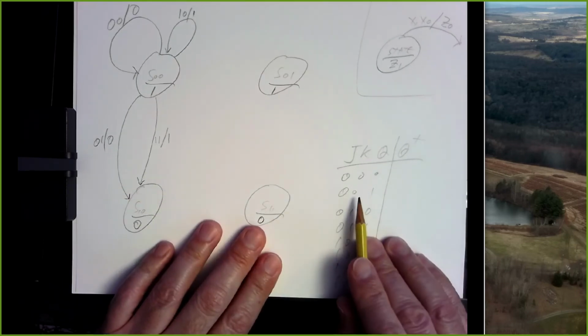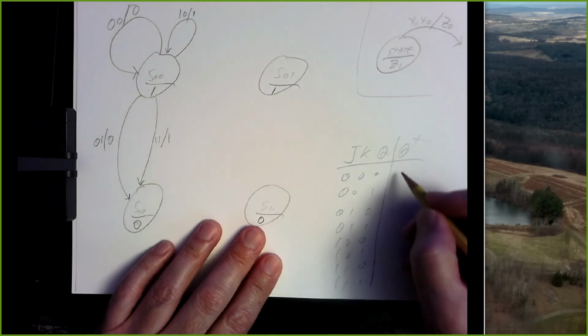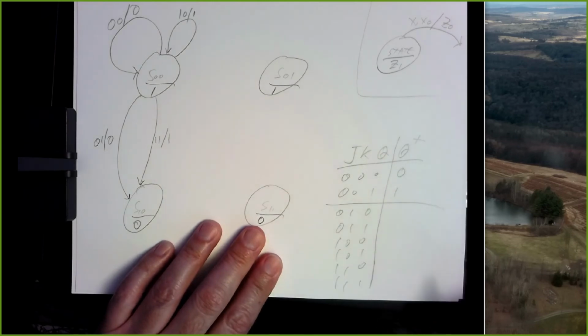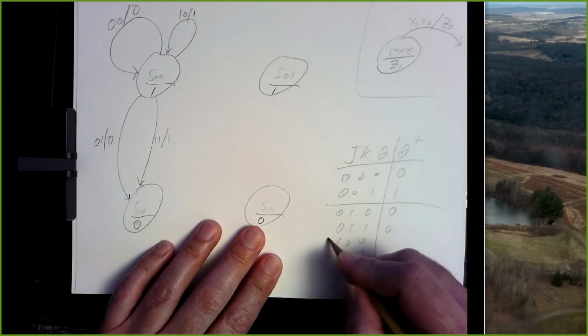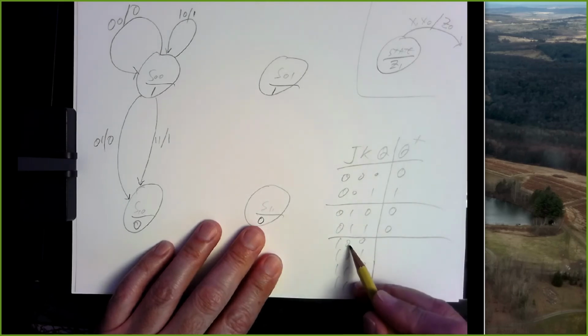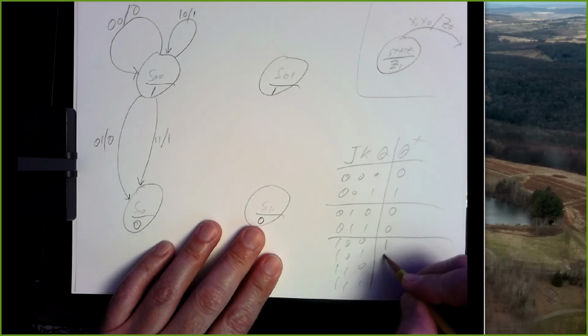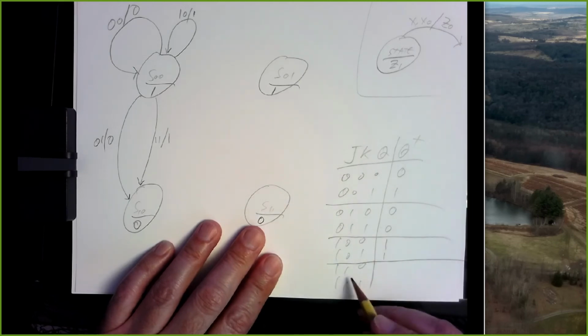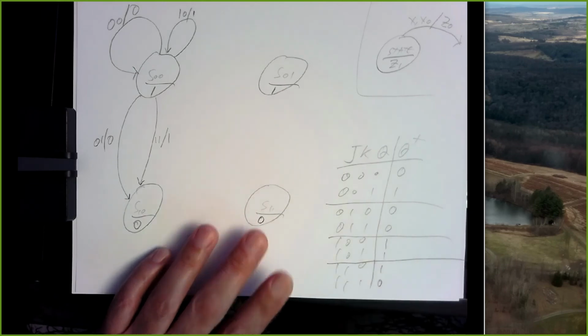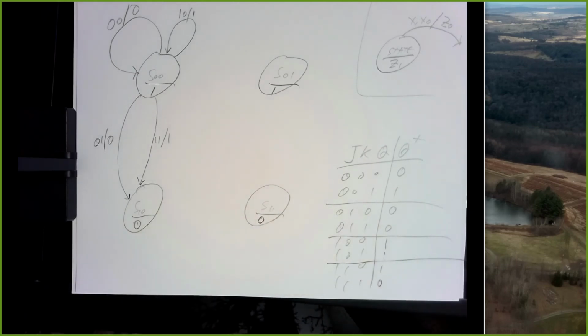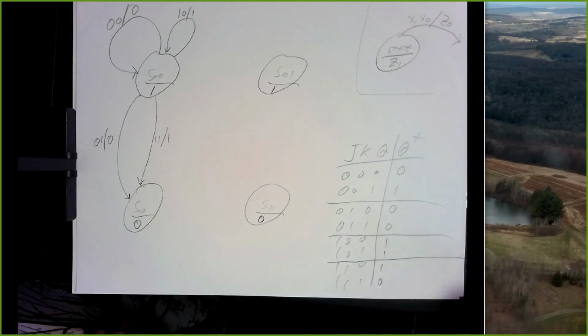Well, if J and K are 0, the output does not change. If J is 0 and K is 1, the output always changes to a 0. If J is 1 and K is 0, the output always changes to a 1. And if J and K are both 1, the output toggles. So your 0 becomes a 1 and your 1 becomes a 0. So that's the excitation table for a JK flip-flop.